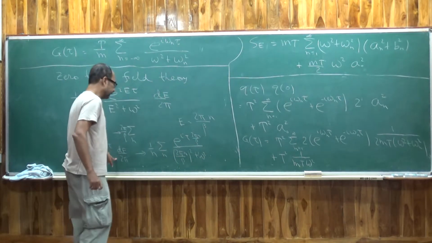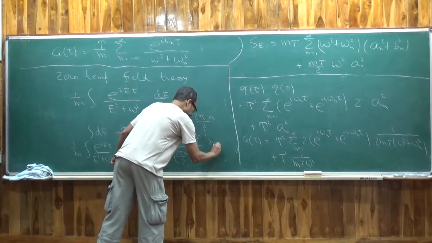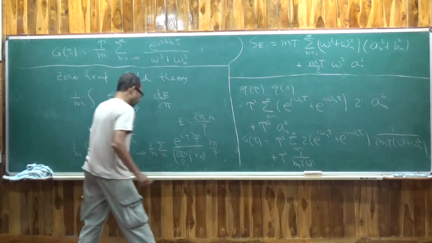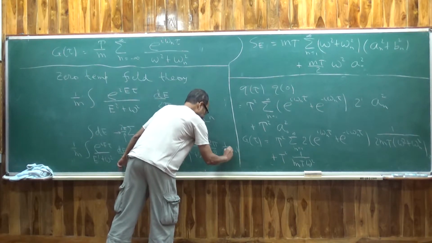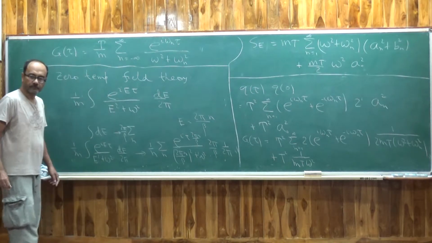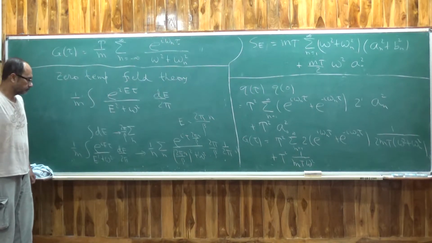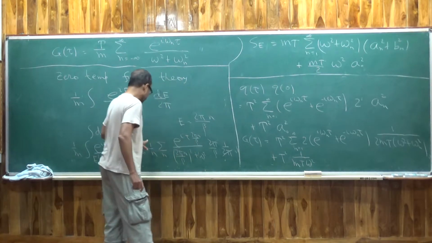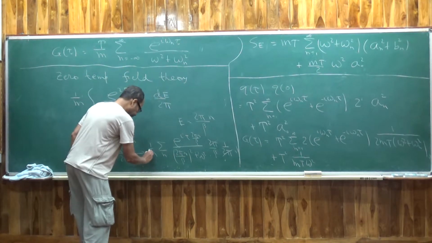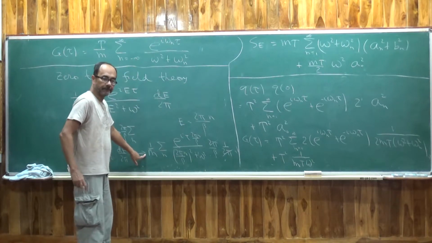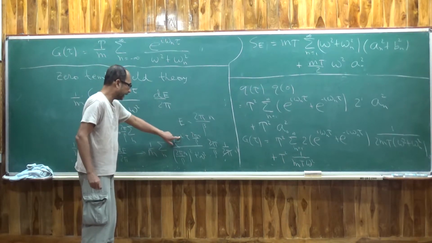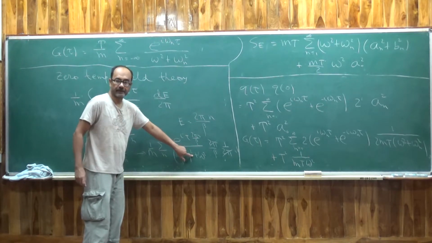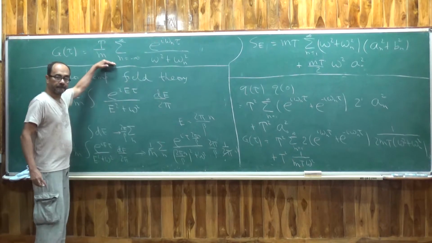Then you have the factor 2 pi over beta, and 1 over 2 pi because you had dE over 2 pi. So these cancel, 1 over beta becomes T, so it becomes T over m, and sum over n of e to the i omega n tau, where omega n is 2 pi n by beta, over omega n squared plus omega squared, and that's exactly this.